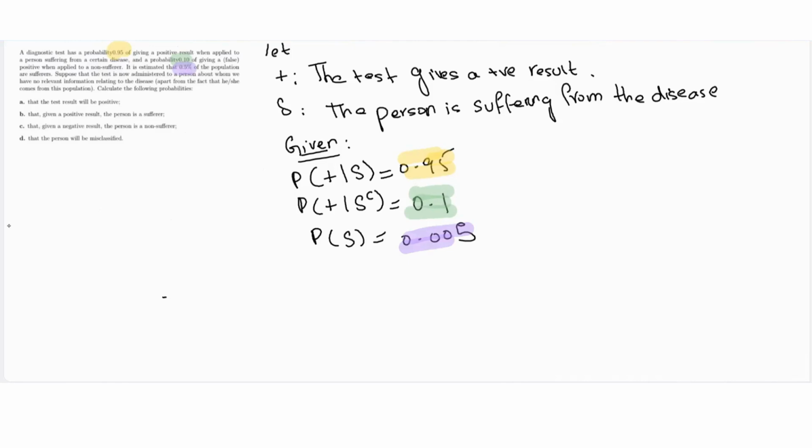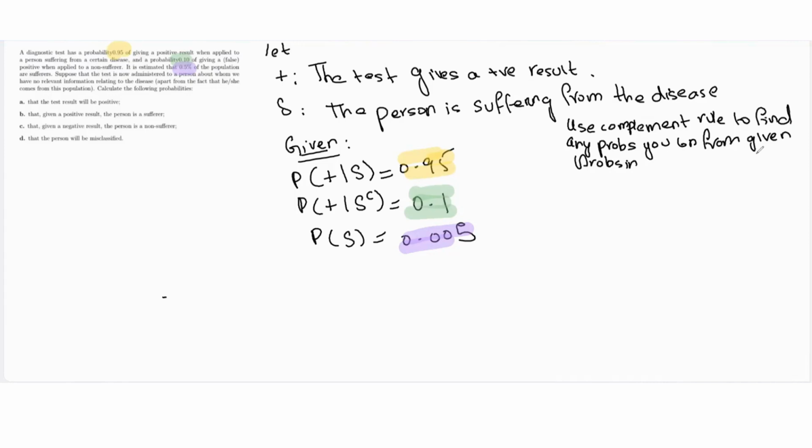Now what we'll do is use the complement rule to find any probabilities you can from the given probabilities in a Bayes rule problem, in a Bayes theorem problem.